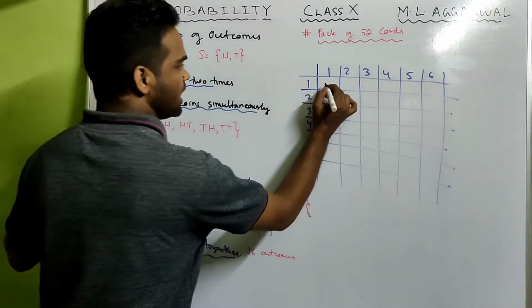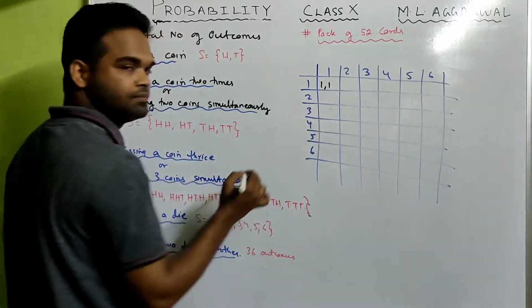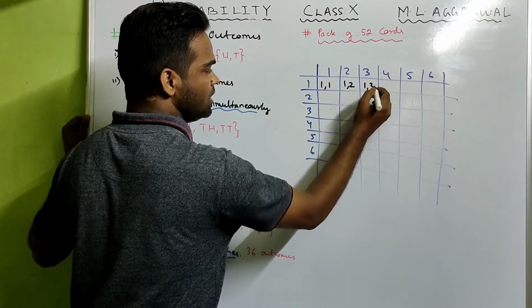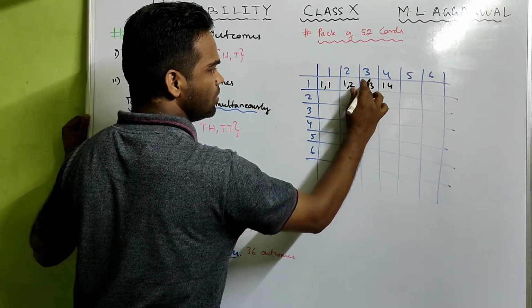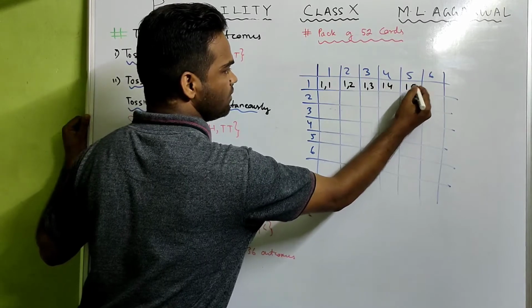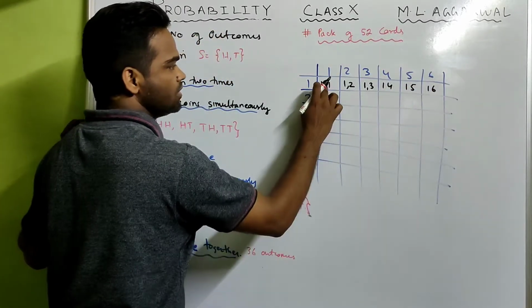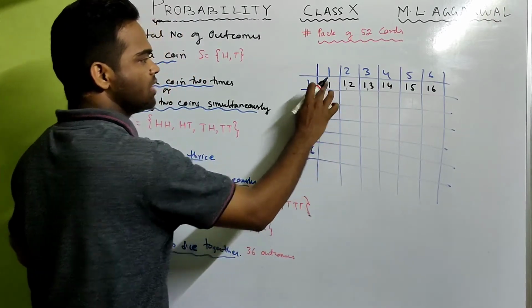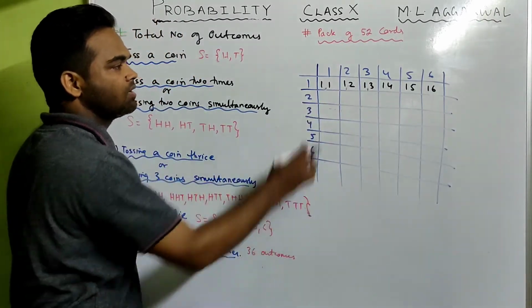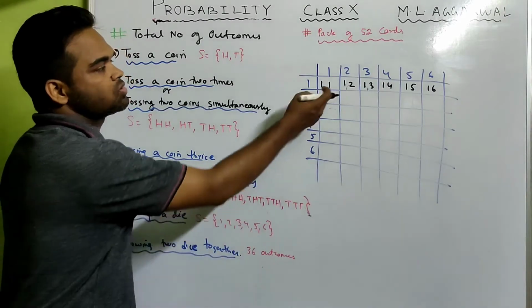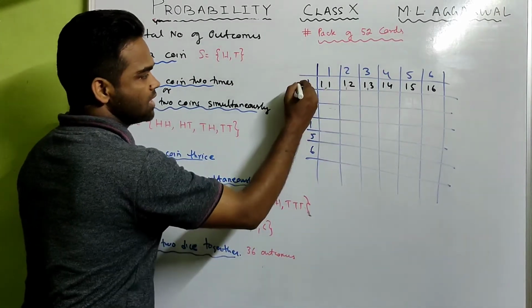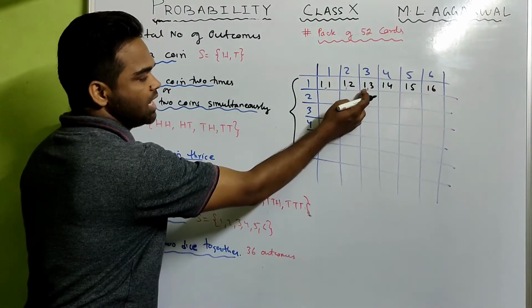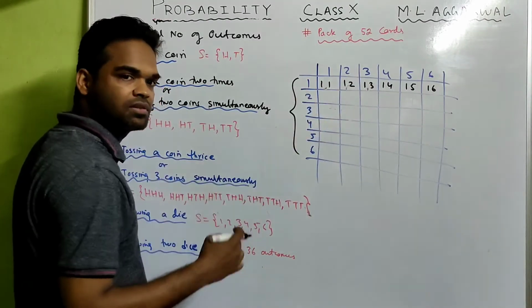It can be 1,1; 1,2; 1,3; 1,4; 1,5; 1,6. I'm just removing the commas. 1,1 means it's not 11. 1,1 means on the first die you have 1, and on the top of the second die also you have 1. I'm taking this as the first die and this as the second die. On the first die you have 1, on the second die you have 3, like this.